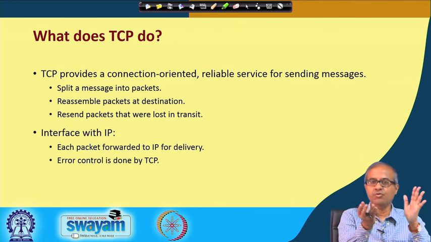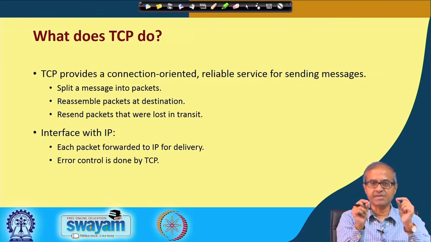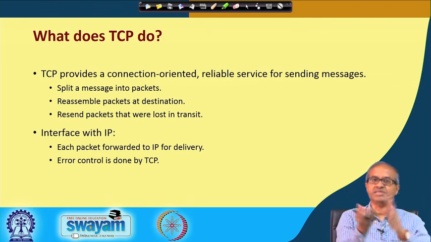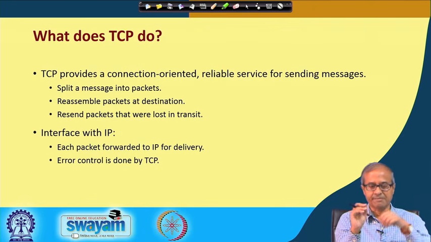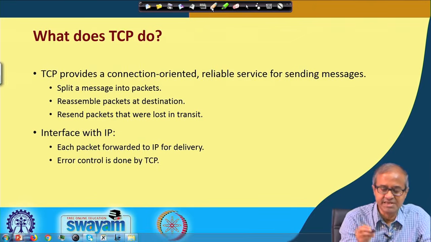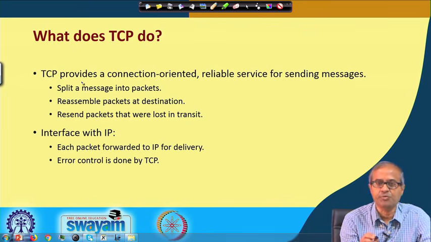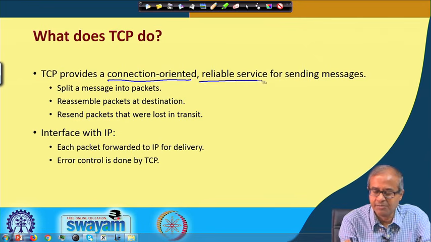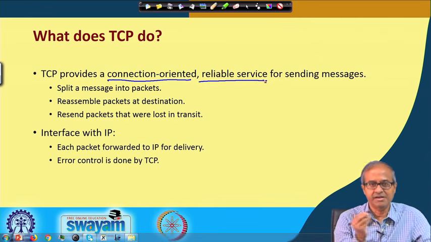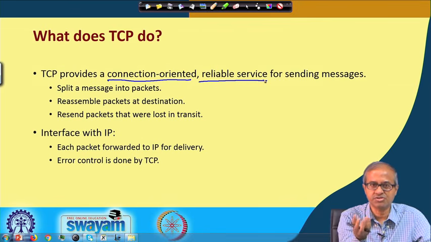So, the sender will know whether it was received correctly or not. If it was not received correctly, then the data will be transmitted again, so that some kind of reliability is maintained. Essentially, TCP tries to provide a connection oriented reliable service. Reliable in this context means that if some packet gets lost, it will get retransmitted.